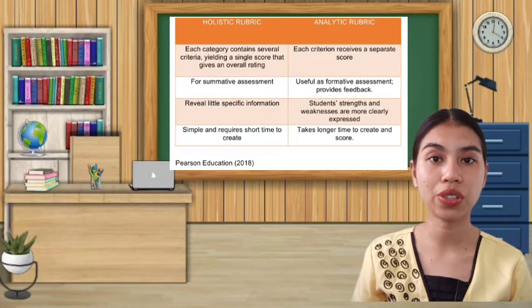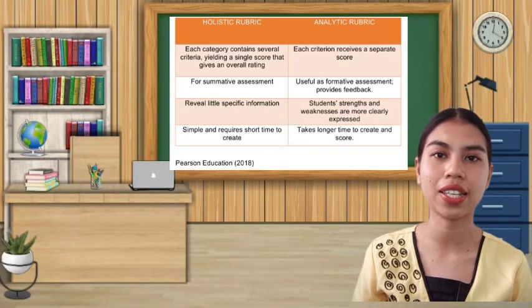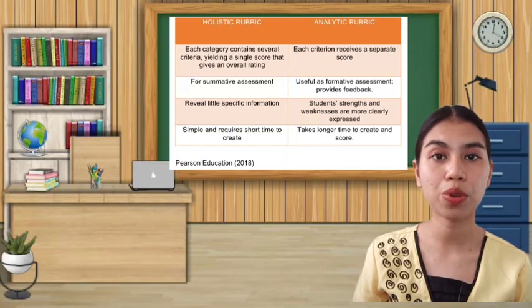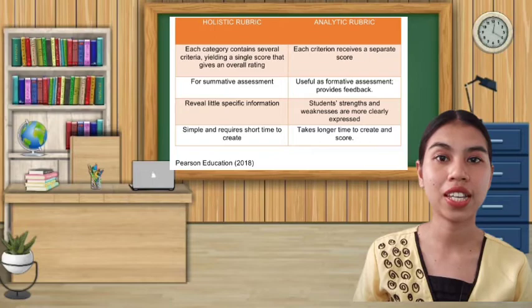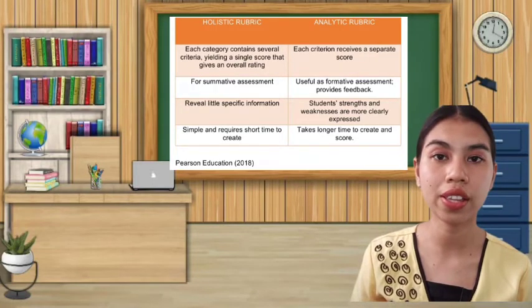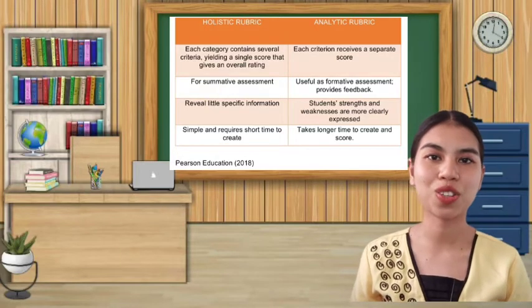And one advantage of the holistic rubric is that it is simple and requires a short time to create and score, while for the analytic rubric, since it has a separate score for each criterion, it will take a longer time to create and score.